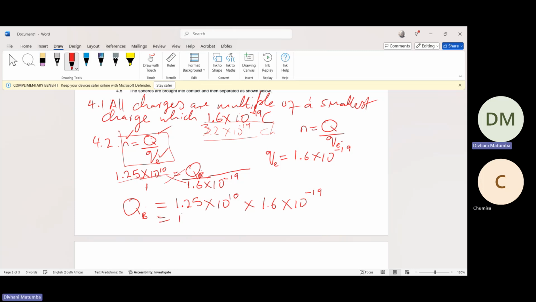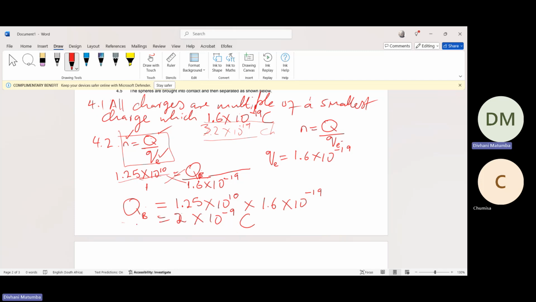I think it will be 2 times 10 to the power of minus 9 coulombs. Did you get that answer? Yes, sir. So that is the charge of B.